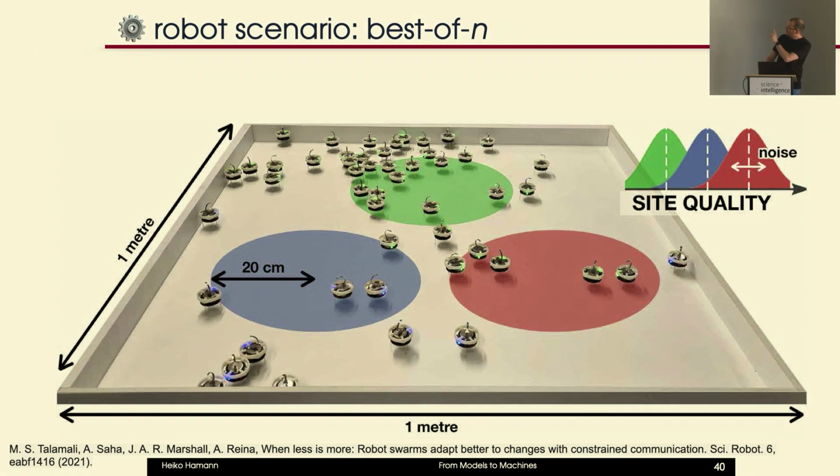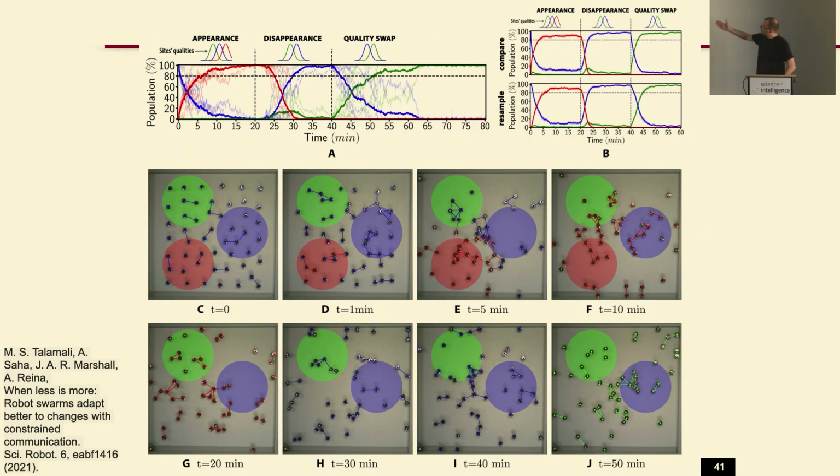So they measure these qualities, talk to each other, and then collectively agree and hopefully find a consensus on what's best. And they would do this in a dynamic setup. You can tell it a bit from the top left diagram. This is over time, 80 minutes of an experiment, where in the beginning red is the best option, then this switches and blue becomes the best option, and then that switches again and green is the best option.